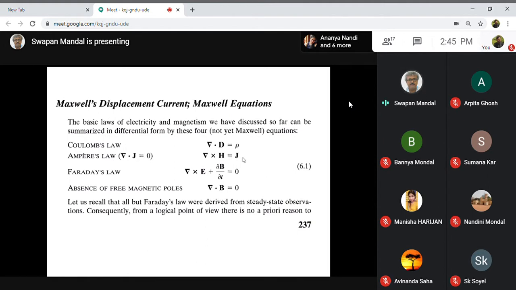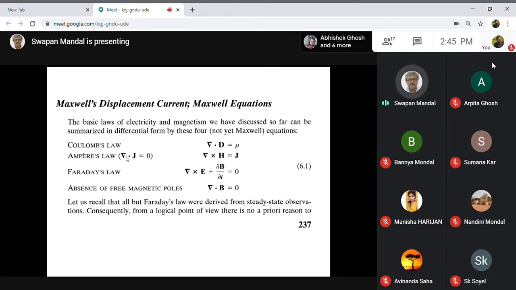So in other words, this equation has to be modified, and this modification came through the contribution of Maxwell. Maxwell did a very interesting thing. He started from the continuity relation of charge and current. What do I mean by continuity relation?